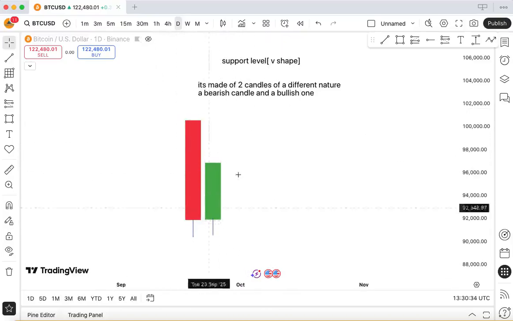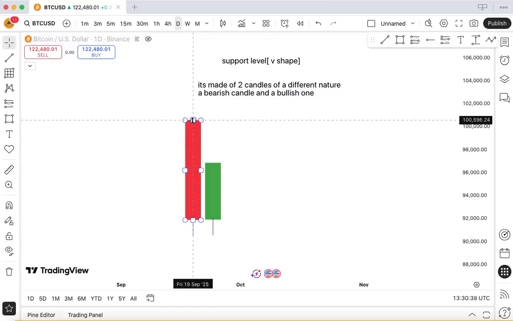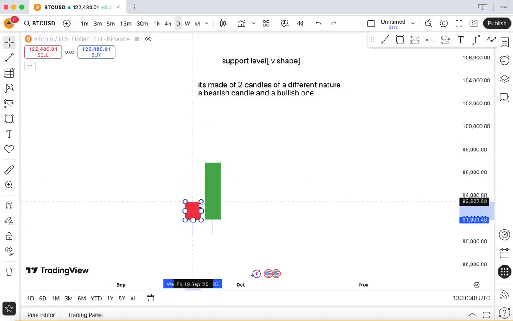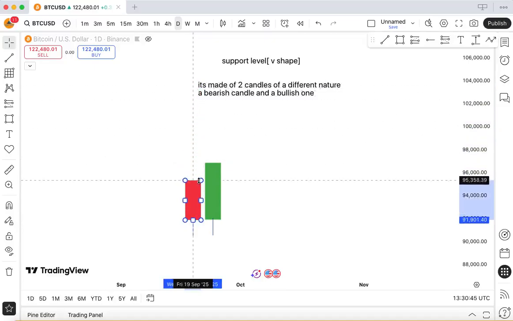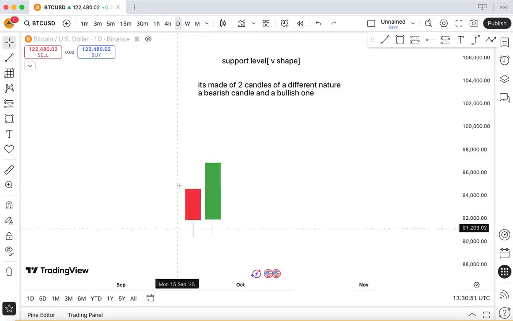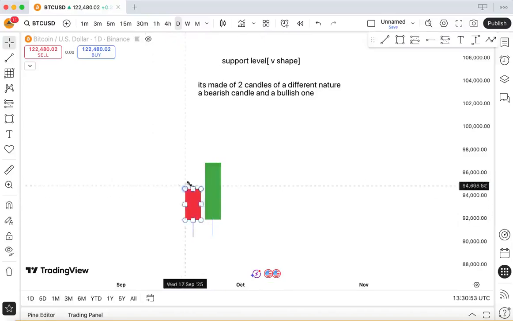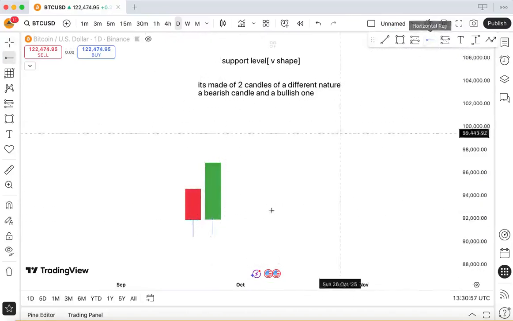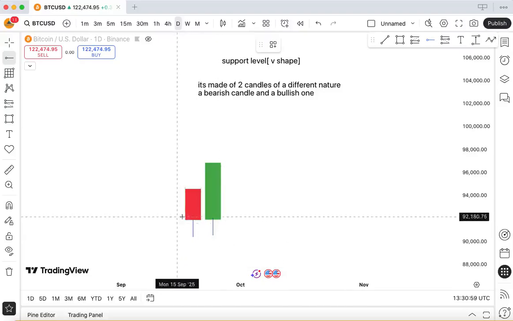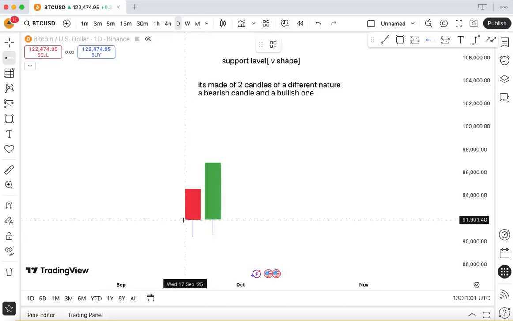Just look for this exact pattern. We don't care about the nature of these candles. Is it short? Is it tall? No. We don't need a doji candle. As long as it is a colored candle. So maybe it is bearish and then this is bullish. These two, where these two candles make a level here.